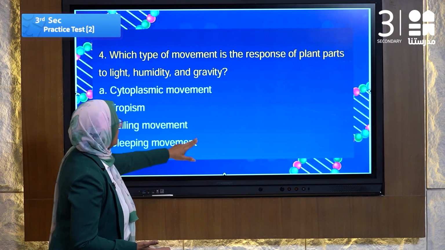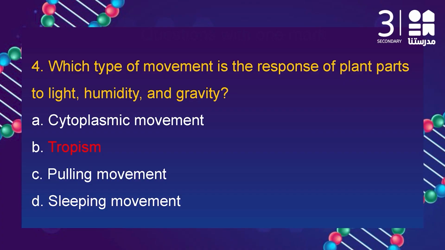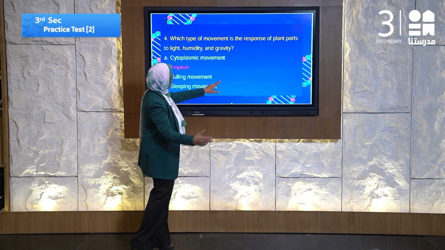Let's check the answer. The type of movement that is the response of the plant part to light, humidity, and gravity is tropism, with positive and negative types. Let's go to another question.